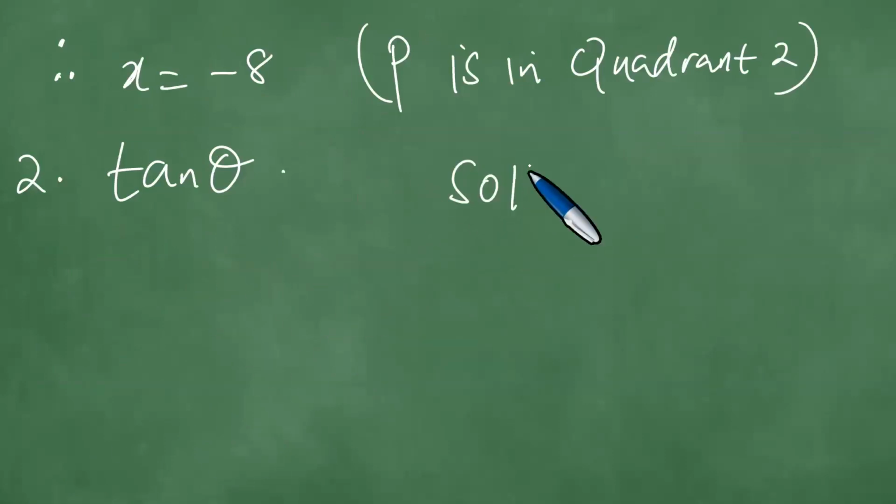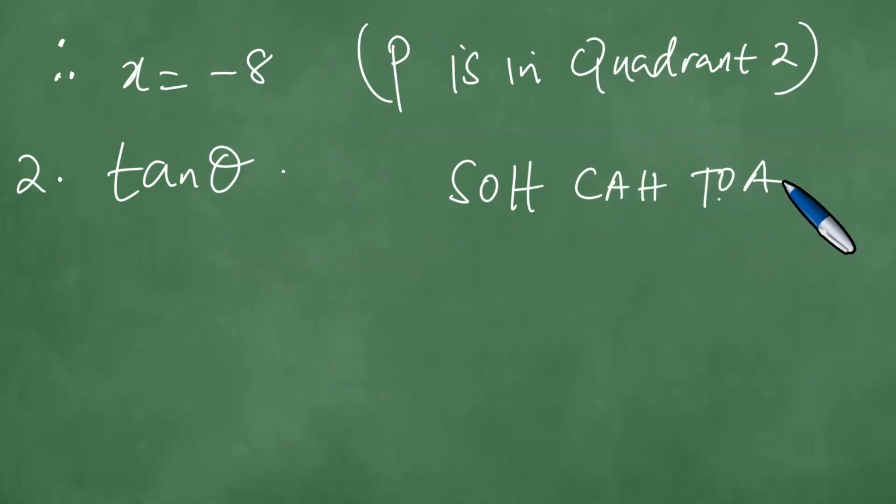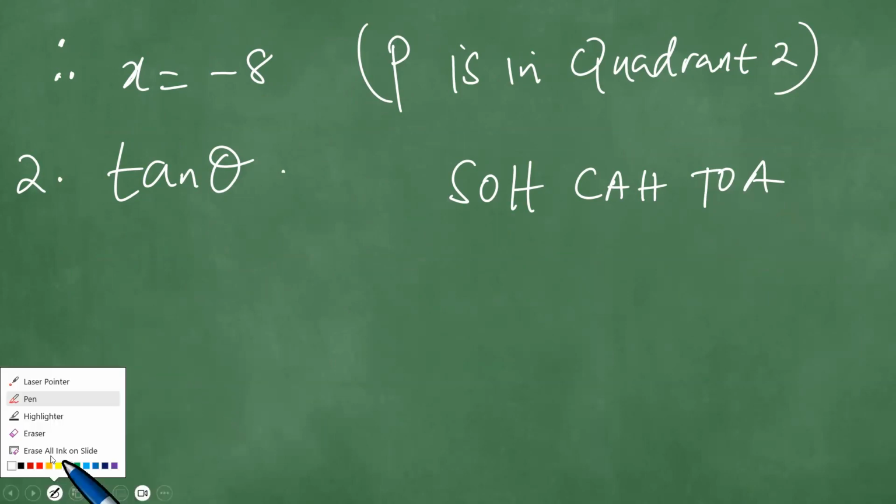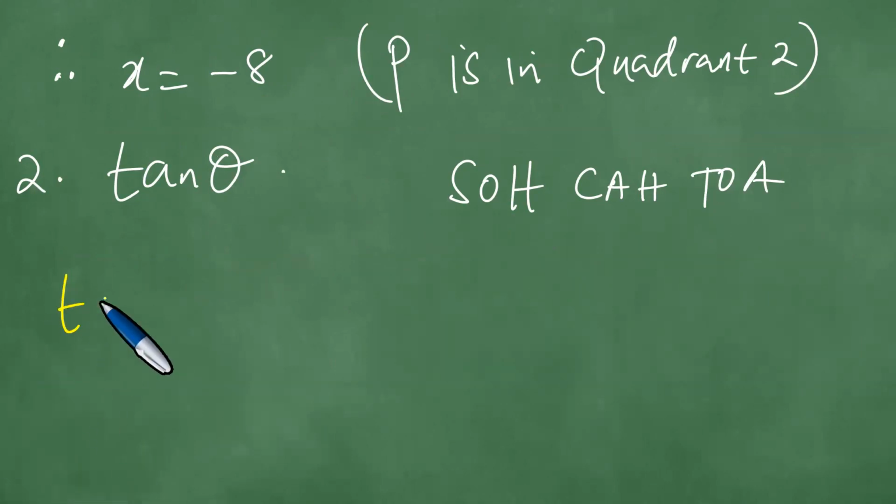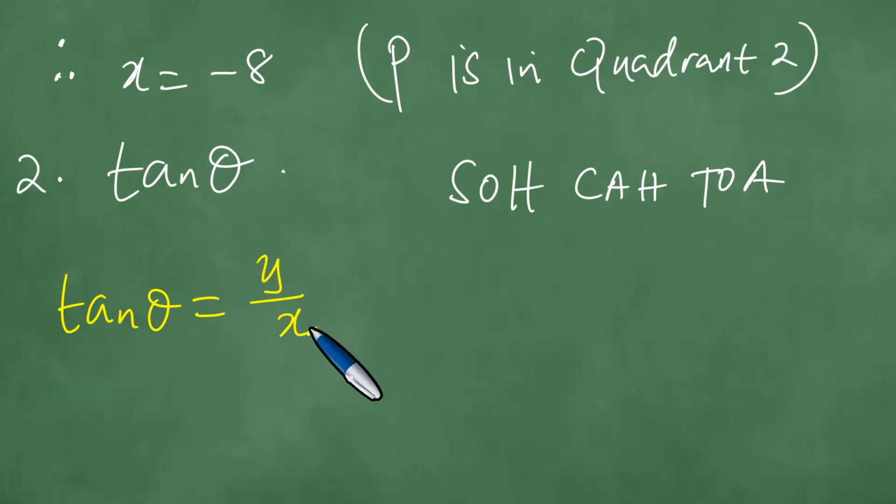So the tangent of theta is the opposite over the adjacent, so it becomes y over x.